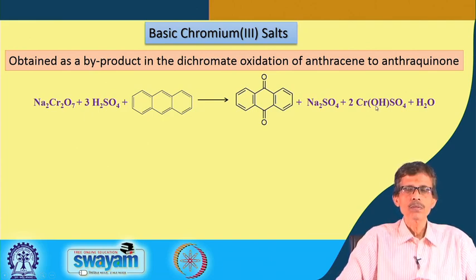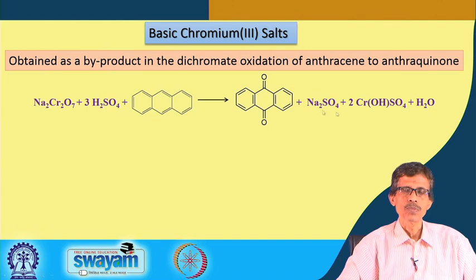During this oxygen insertion reaction in anthracene, we also get a compound where hydroxide groups are available in large amount, and that hydroxide group is attached to the chromium center, giving a very useful salt known as the basic chromium 3 salt, where the trivalent oxidation state of the chromium center is satisfied by the hydroxide ion, HO minus, or SO4 2 minus.